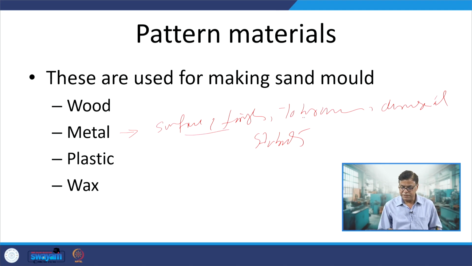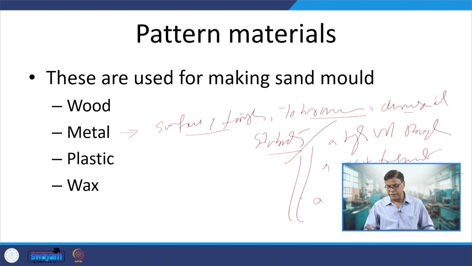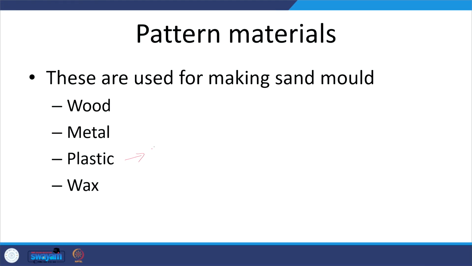So, surface finish, dimensional tolerance and dimensional stability are good. On the bad part, these are justified only for high volume production. No frequent change in design is allowed. And third, these are heavy, so because of the heaviness, they cause fatigue to the operator. And as far as plastics are concerned, certainly these are very light in weight.